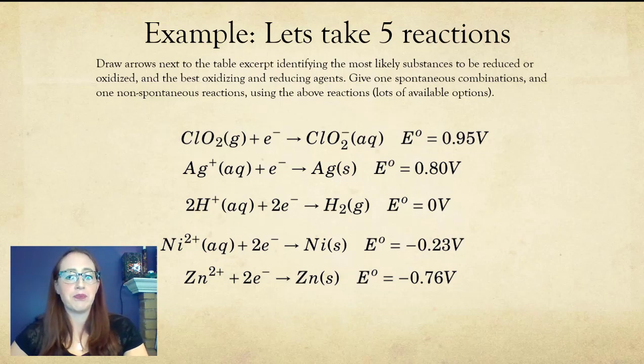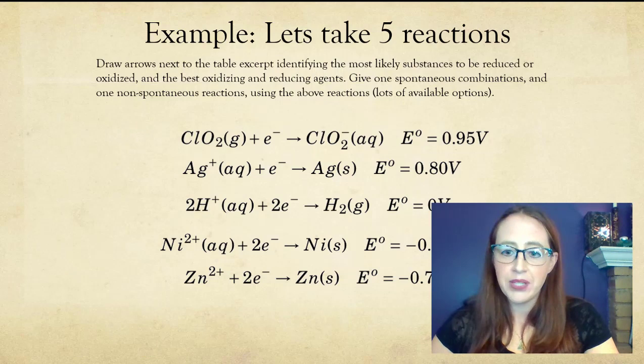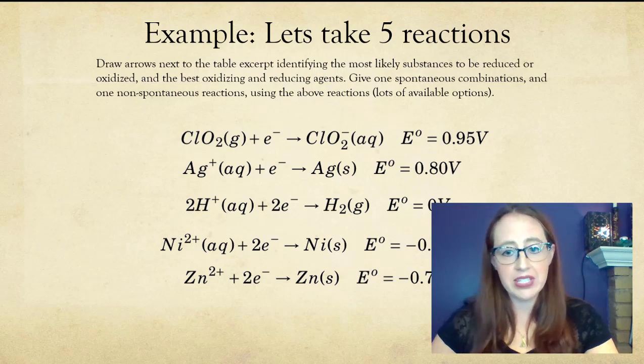As with our normal tables, we can look at the reactants, and we can see that these are the species that are being reduced. Reactions with the higher reduction potentials are more easily reduced. So, the species on the left and higher up the table are more easily reduced. Similarly, we can see that things on the product side are able to be oxidized if their reaction is reversed.